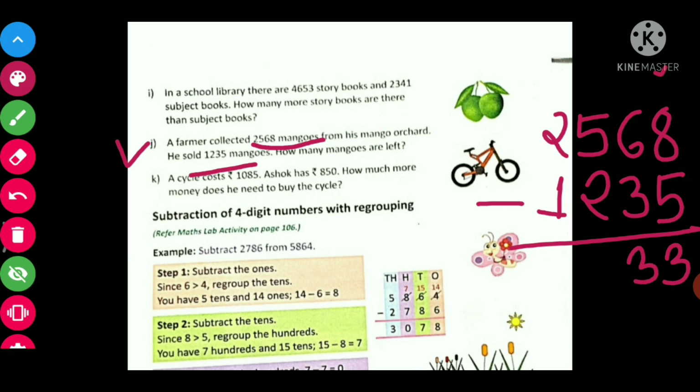Now see the 100 place value. 5 minus 2, it will be 3. Now see the 1000 place value. 2 minus 1, it will be 1. Right? So total how many mangoes are left? 1,333 mangoes, right?